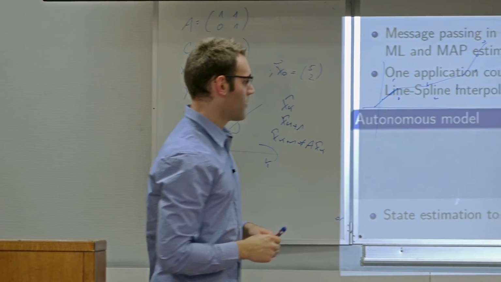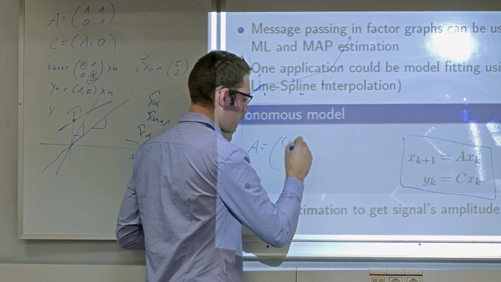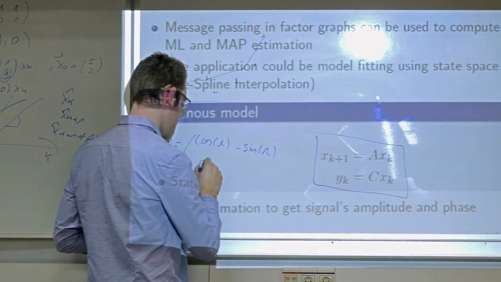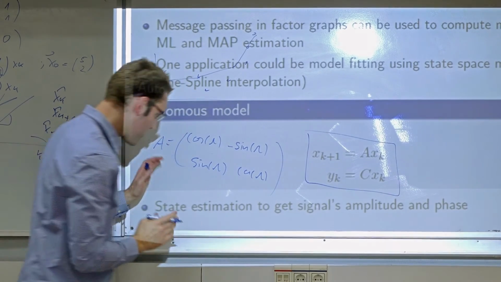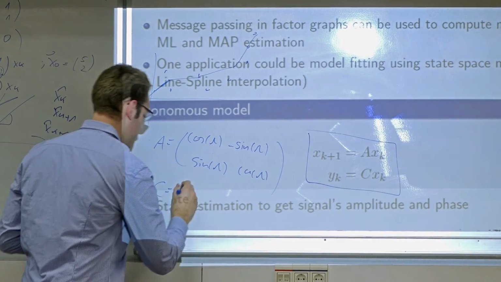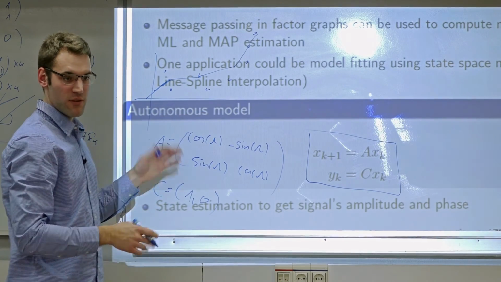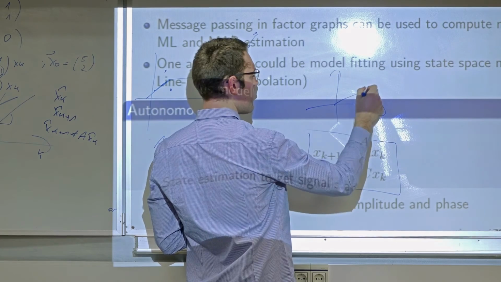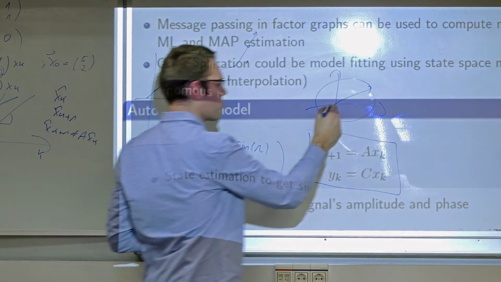And if I chose another matrix, for instance, cosine theta, minus sine theta, sine theta, and cosine theta, and my C is just 1, 0, this is a rotation matrix. Determinant is 1, so you have some state here, and with each multiplication you just turn it around.